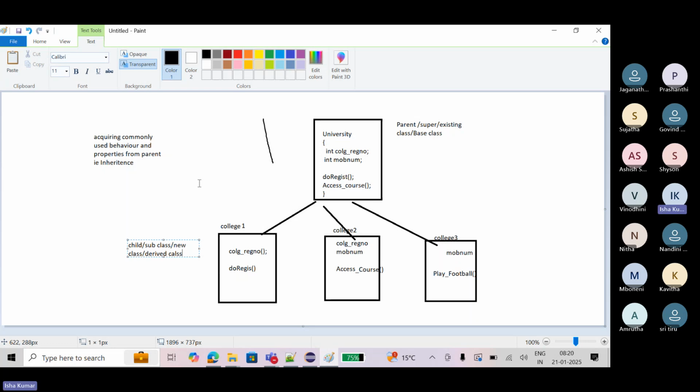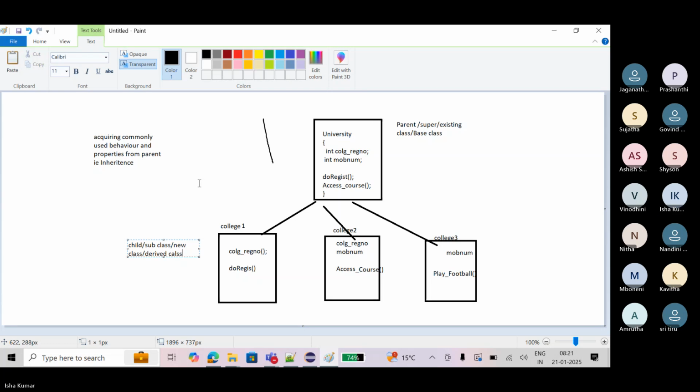Same, the reverse process: can he exhibit the behavior of the father? Tell me. Child can exhibit the behavior of the father, yes, but the father cannot exhibit the behavior of the child. So the reverse process is not possible.